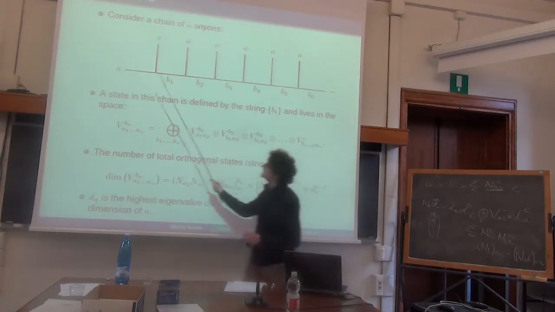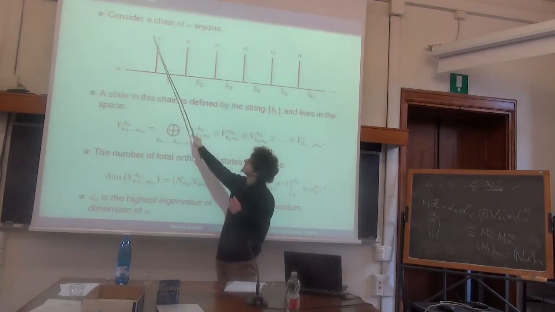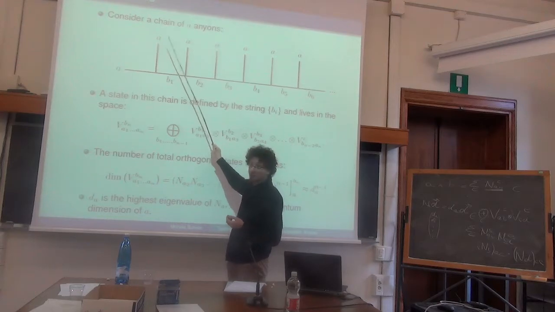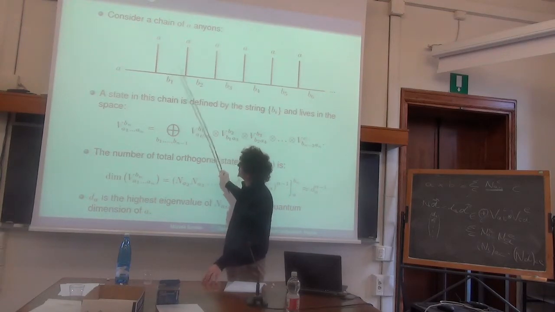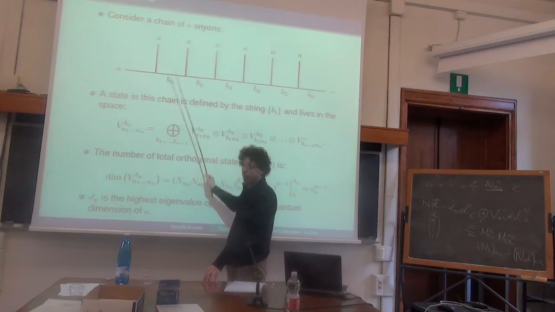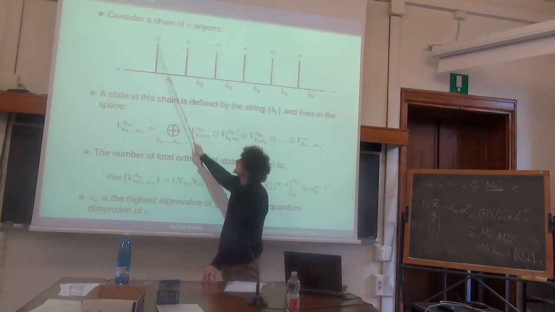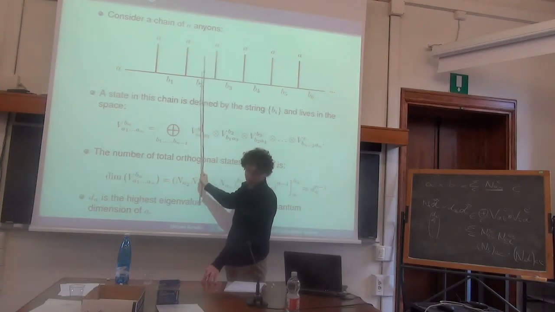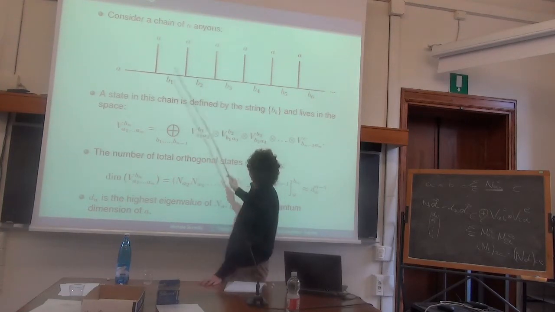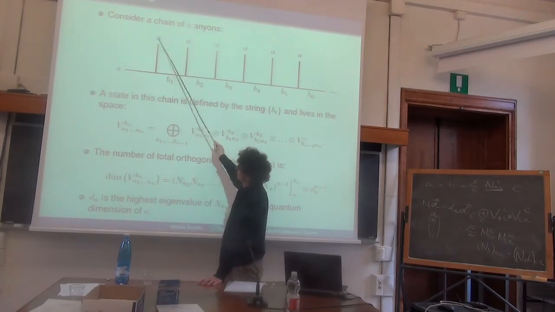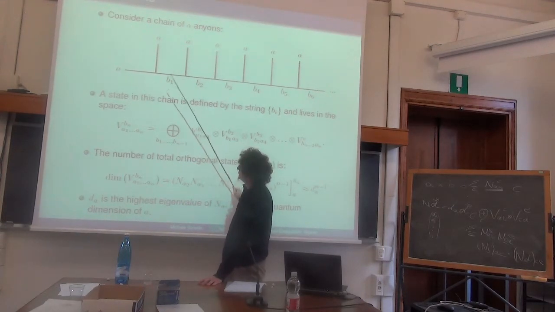Yes, so I'm telling you that you can take a collection of anions that have a topological charge of the kind A, a charge of the kind A. And to specify which are the states of this chain, you can consider what are the fusion products of all the charges before a certain point. So to specify fully a state in this chain, I must say the first two anions fuse in a charge B1.